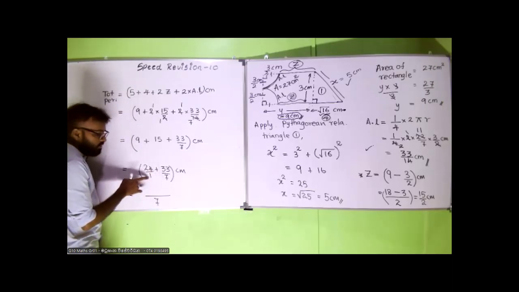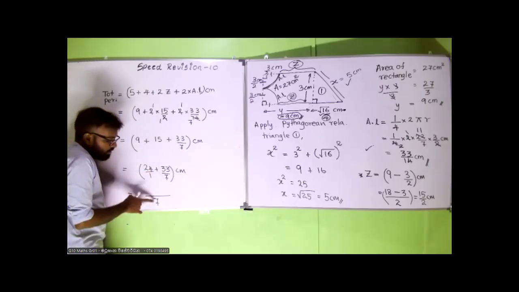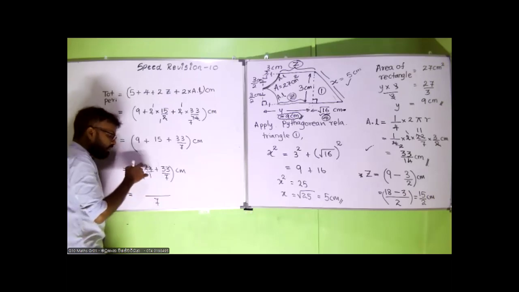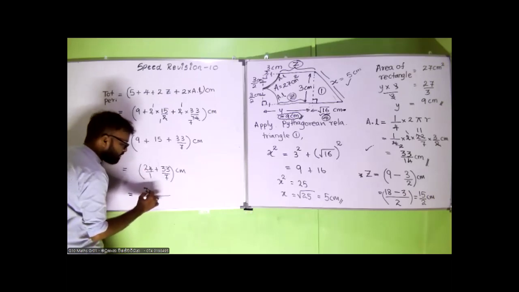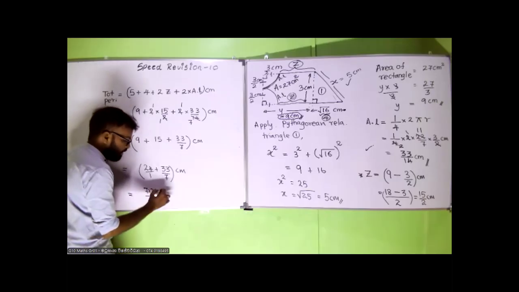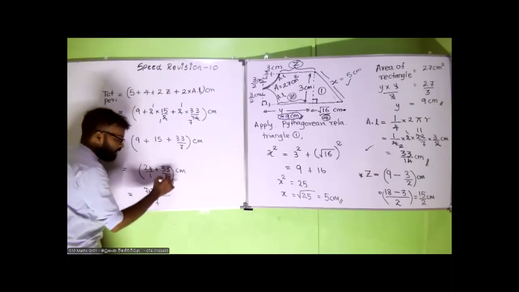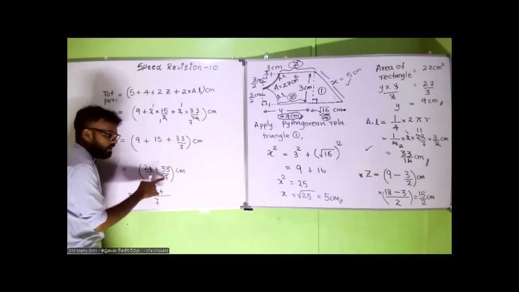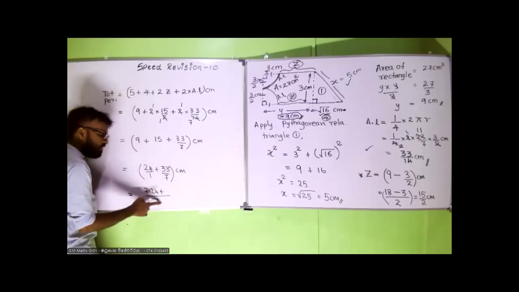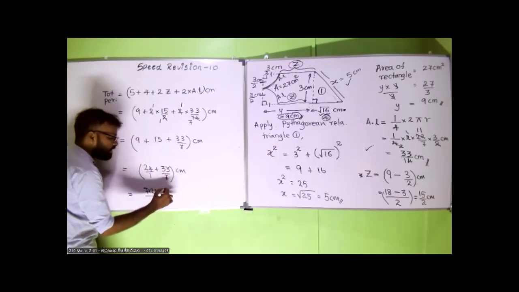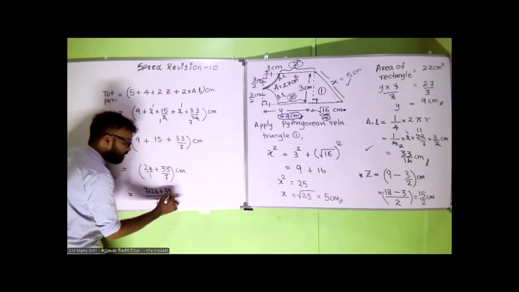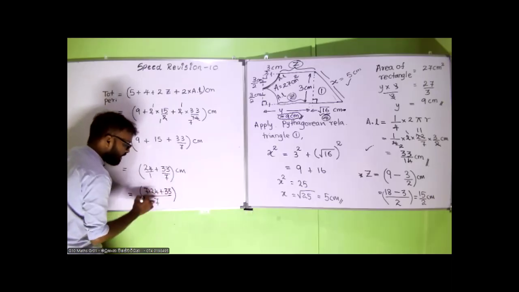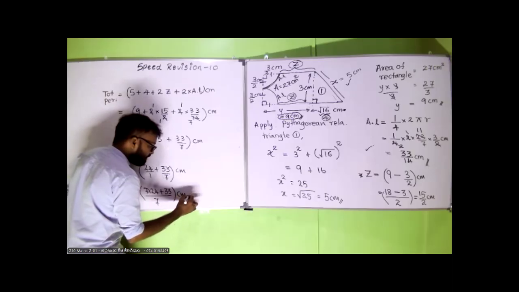This denominator is 1. How many ones are there for 7? 7. So 7 times 24, plus, here you have 7 already. How many 7s are there for 7? Only one. 1 times 33, 33. Close bracket, centimeters.